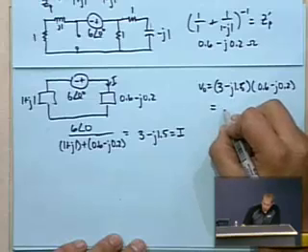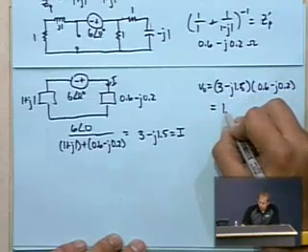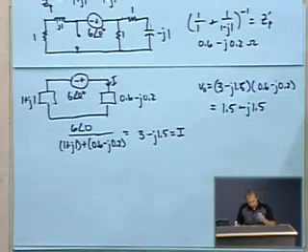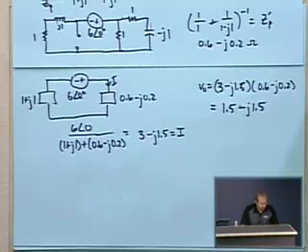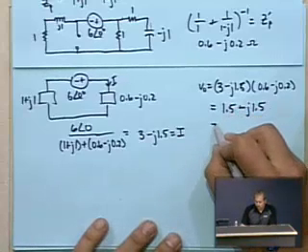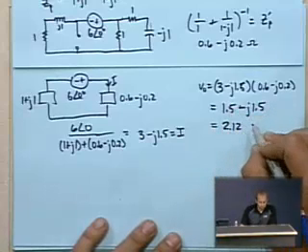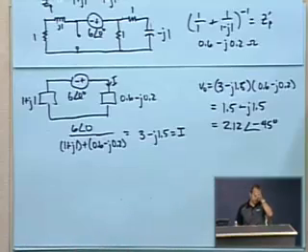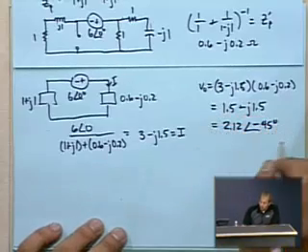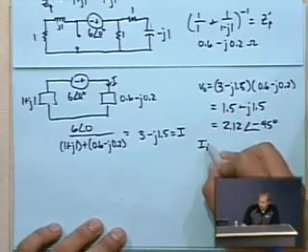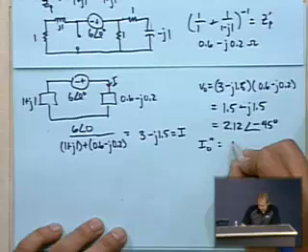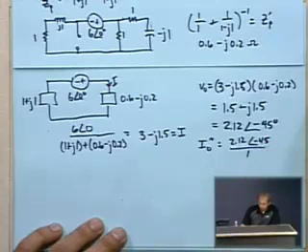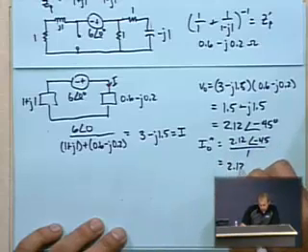And so for convenience and accuracy, this actually works out to 1.5 minus J 1.5, because as a phasor, that is not a very nice number. It's 2.12 and some junk at an angle of negative 45 degrees. And then the current I0 double prime that we've been solving for is just 2.12 at an angle of negative 45 divided by 1. So 2.12 at an angle of negative 45.